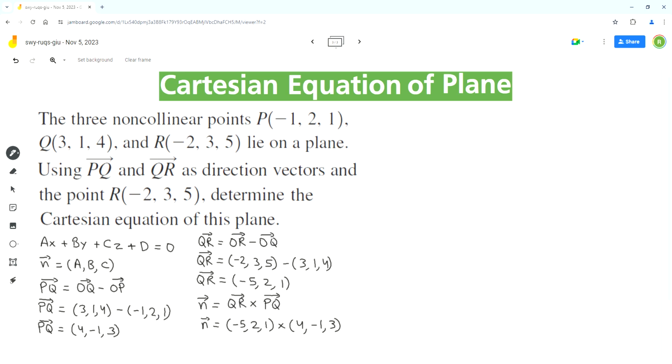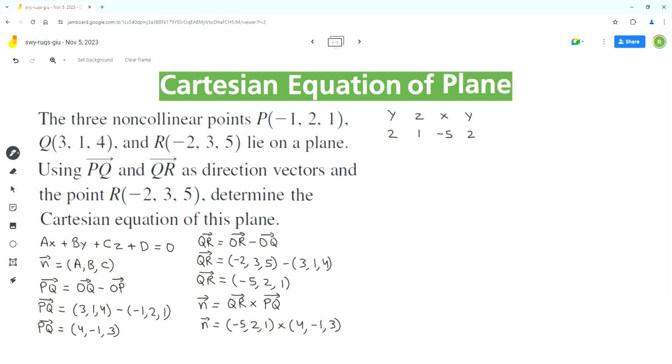We can do the cross product by stacking the y, z, x and y components of vectors QR and PQ. For vector QR, the y component is 2, z component is 1, x component is -5, y component is 2.